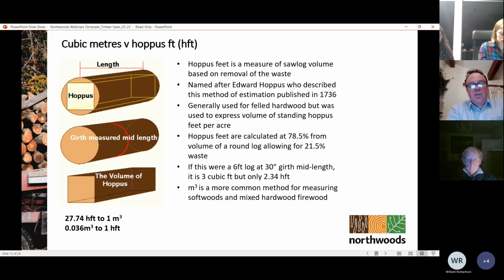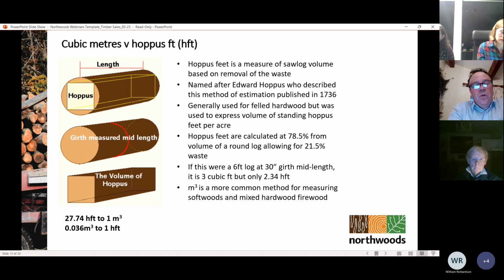One of the curious elements of the hardwood industry is that when you fell and sell hardwoods, the industry still likes to work in an old-fashioned imperial measure called hoppus, which is the square volume you get out of a log. So if you look in the top diagram, if you've got a round log and you measure, the hoppus is the square that fits into it.